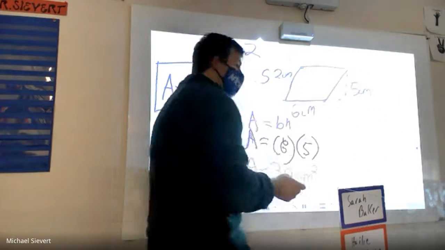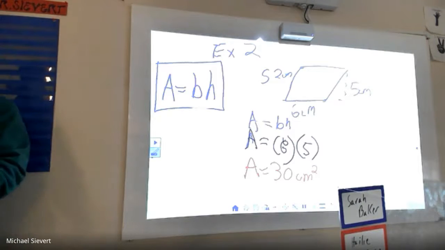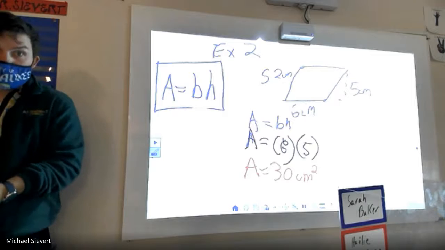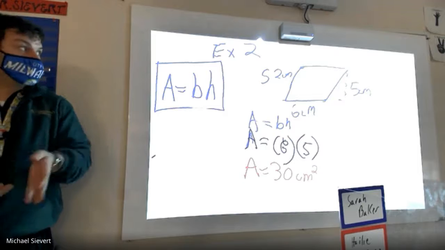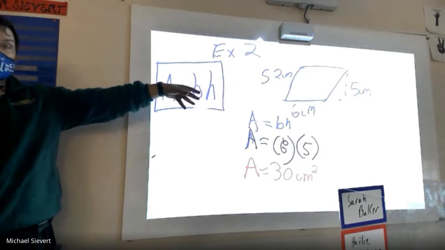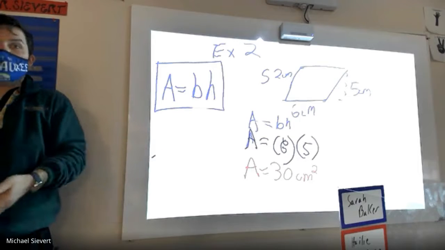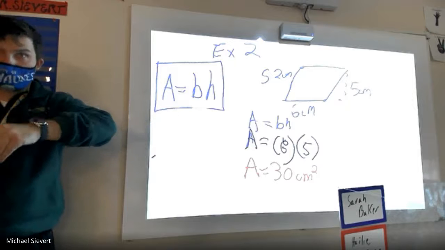You can either write the word square, SQ, or you can write the number 2 on top, because what they're asking for is how many square spaces are inside the shape. So if this was real life and this was a real centimeter parallelogram, you could fit 30 of something inside that room. Not around the edges, but all the way from the edges to the inside.